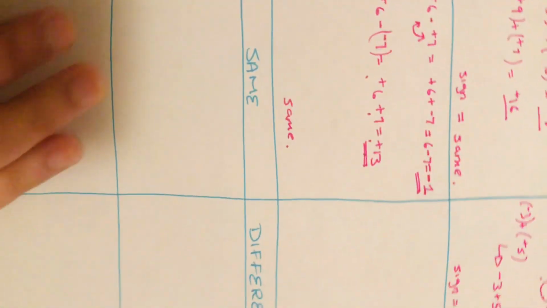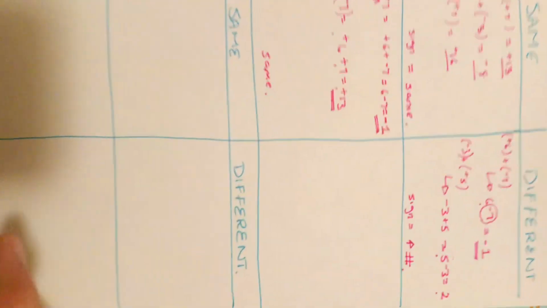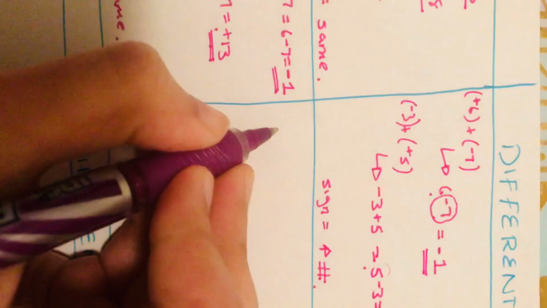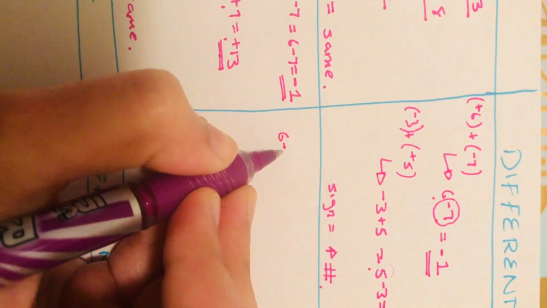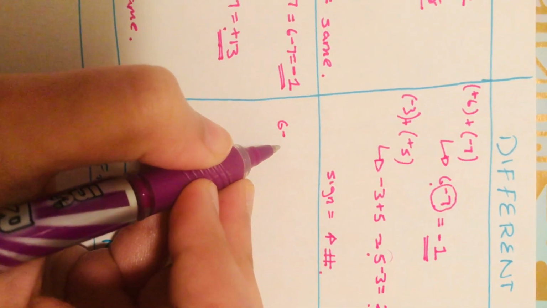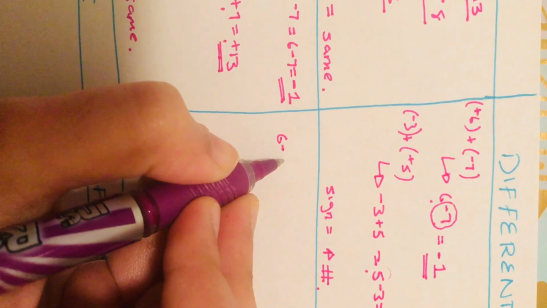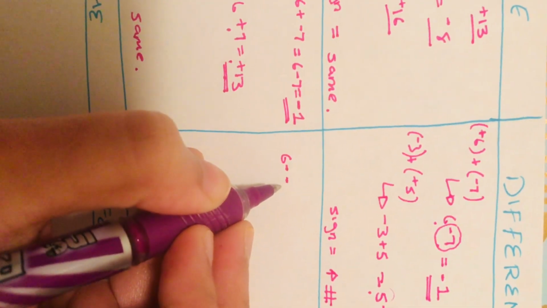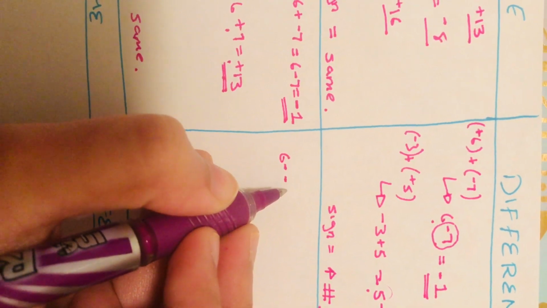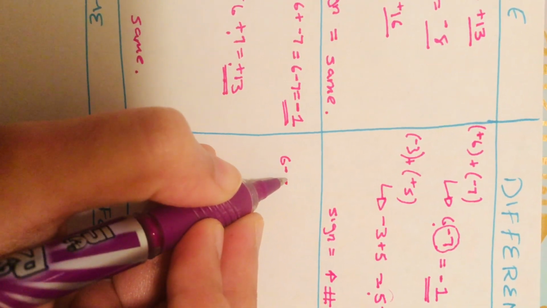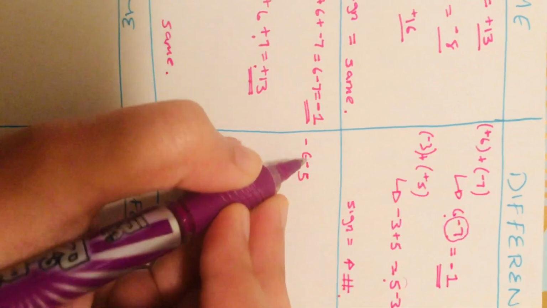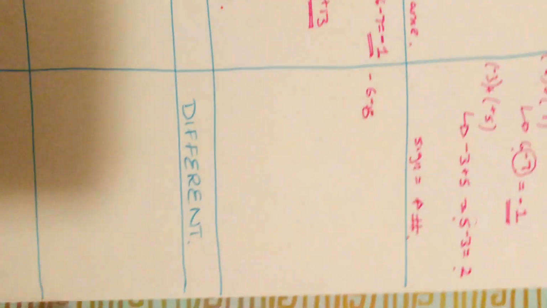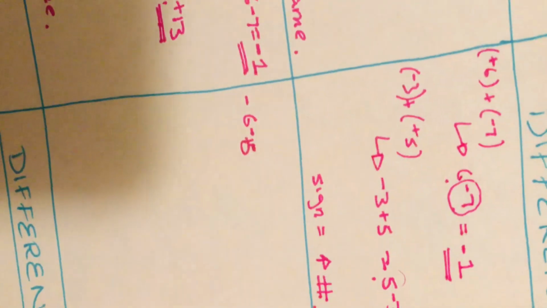Going to this question right here, we have -6 minus 5. Okay, negative 6 minus positive 5, right?